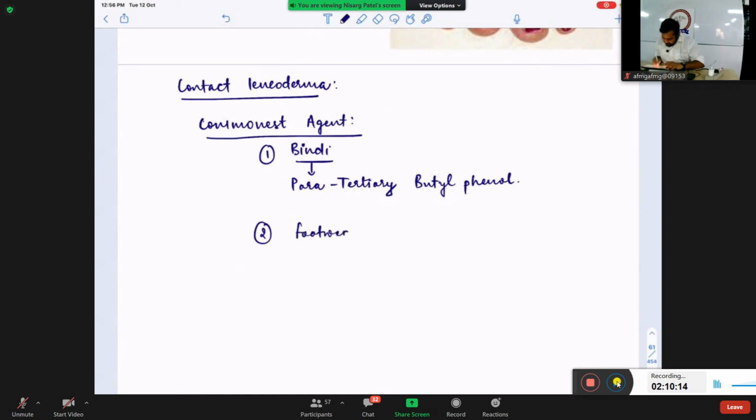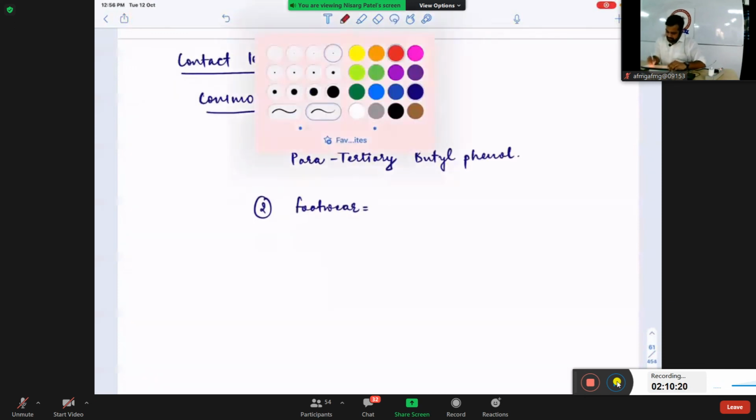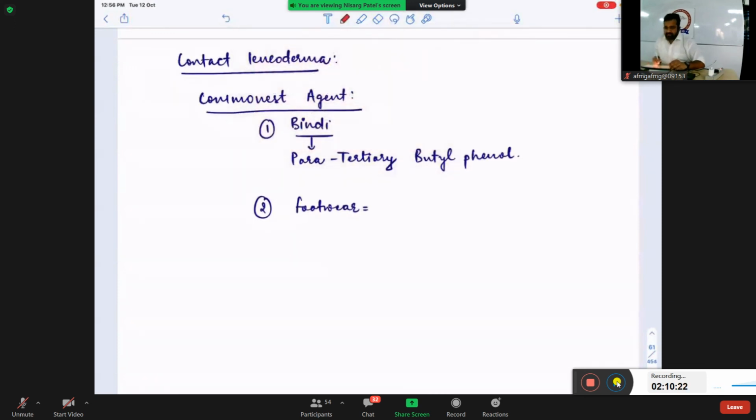The second is in footwear. In the making of this rubber, there is monobenzyl ether of hydroquinone.